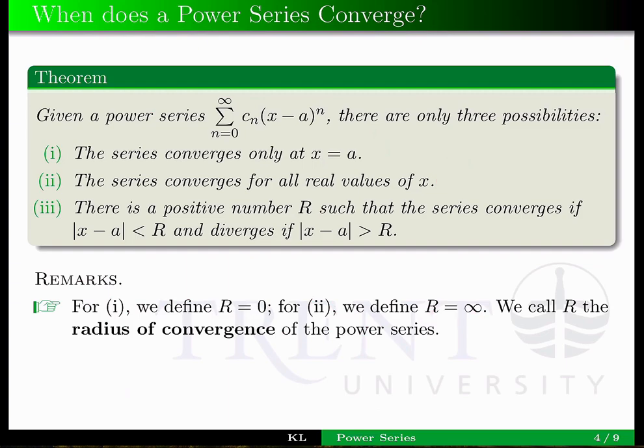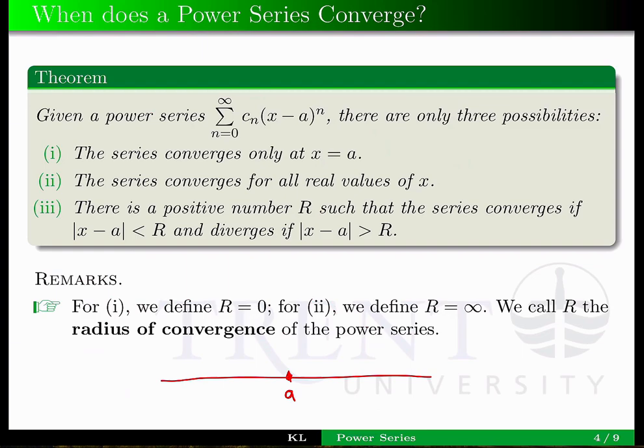And we call this r here the radius of convergence of the power series. So if we look at the interval, if the convergence is only at a, the radius is equal to 0 because it is only at this point.